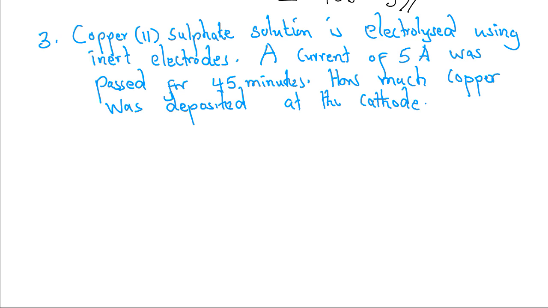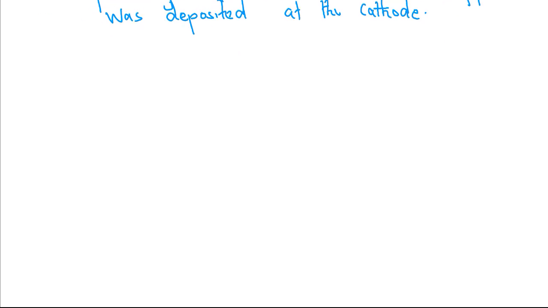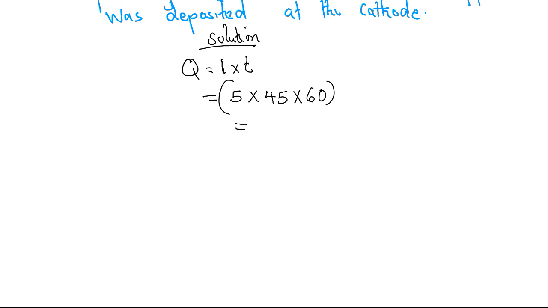So now we have first to calculate what is known as the quantity of electricity, which is IT, 5 times 45 times 60, because time has to be in seconds.